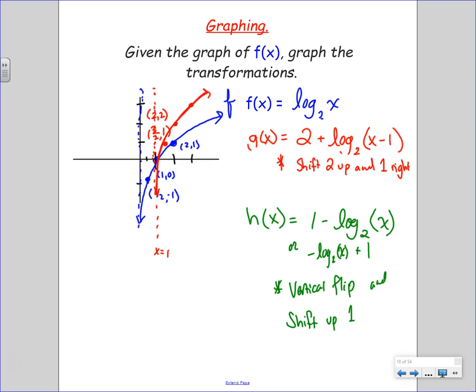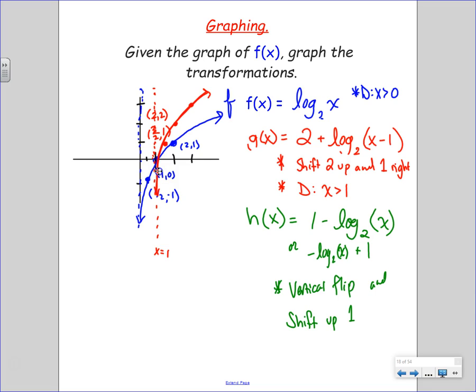If you didn't shift your asymptote, you might have a logarithm that's going way too far to the left. Just looking at the graph, hopefully you can also see why the domain is x greater than 1, instead of x greater than 0 like the domain of the original one. Since there was a shift right 1, the domain is now x greater than 1 instead.